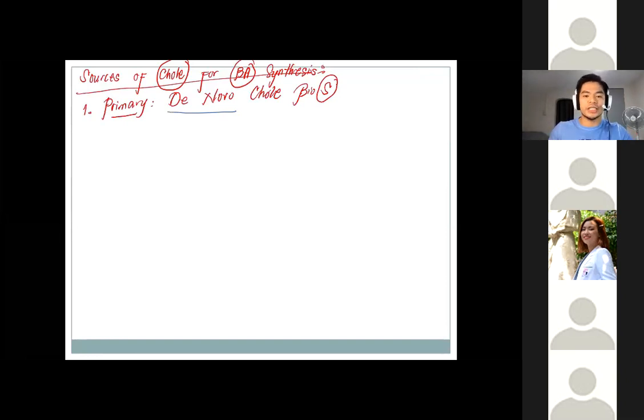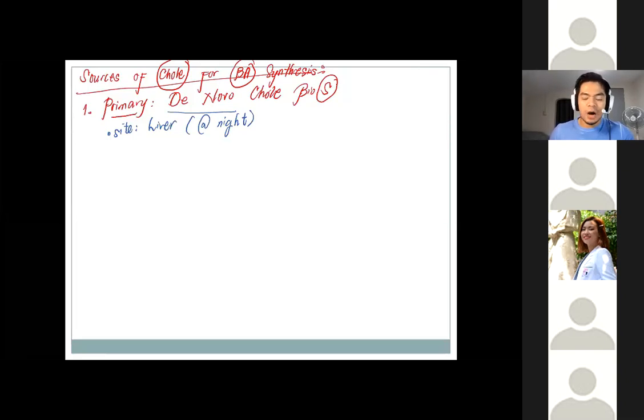So in this case, meron tayong mga important points to remember. Number one, ang site of de novo cholesterol synthesis, syempre sa ating atay, sa ating liver. And take note, it peaks at night. Tuwing gabi, gumagawa ng cholesterol ang liver.